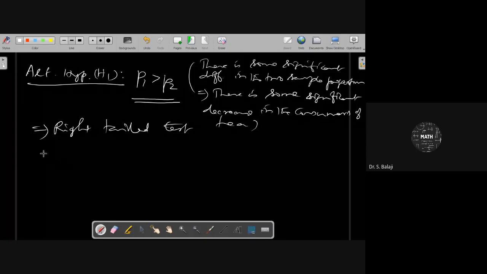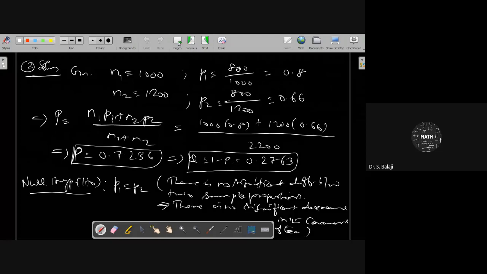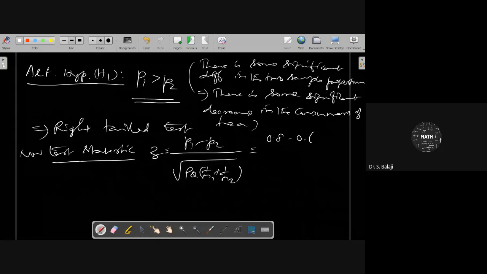Now you have to construct the test statistic. Z equal to P1 minus P2 whole divided by square root of PQ of 1 by N1 plus 1 by N2. Previous page, P is 0.7236, Q is 0.2763, and P1 minus P2 is 0.66.